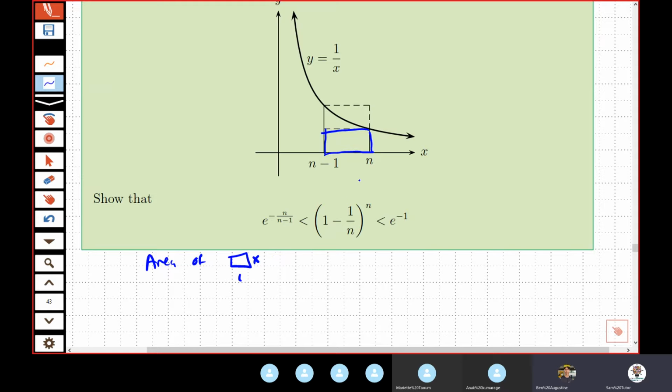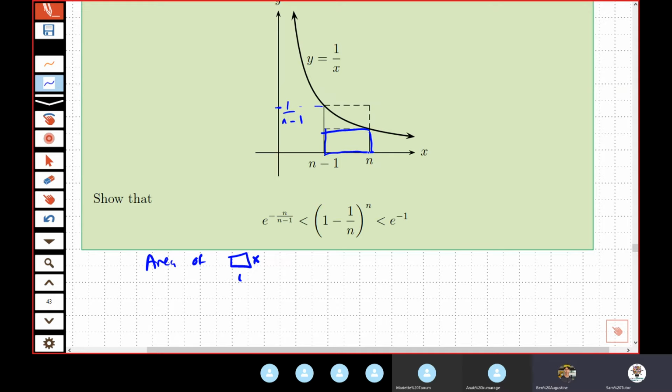Is it about n minus 1? Think about the width. The width you've got is 1. Now think about the height. If you're saying n minus 1, n minus 1 looks like it goes all the way up here and touches the curve. So what's the height?